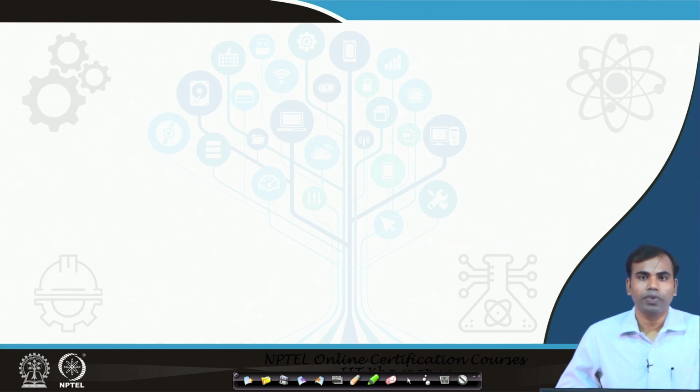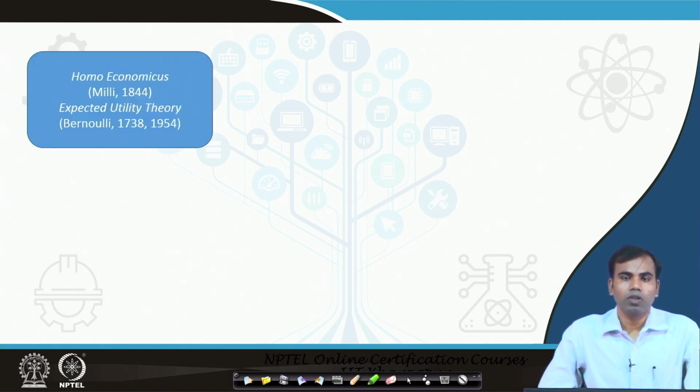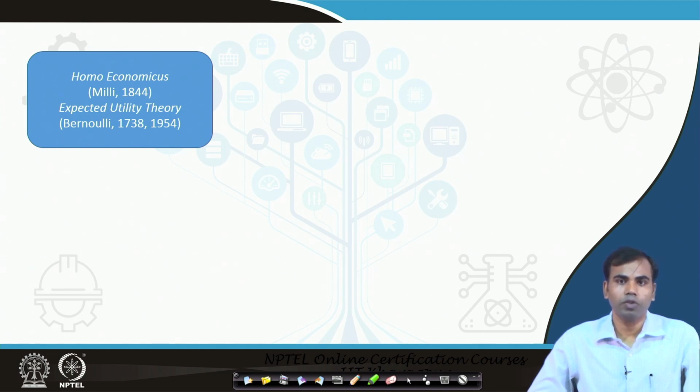So, the history of financial decision making or finance theory in general starts when economists started talking about utility theory, and they started assuming that individual human beings are basically homo economicus, which means they try to evaluate all the alternatives in terms of utility that they expect to derive, weigh each of the options that are available in a ranking framework and then make a decision.